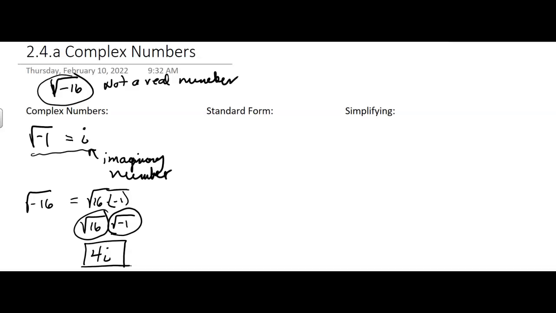Now, complex numbers can be written in a standard form, and the standard form is a plus bi. So a standard form has a real part and an imaginary part. By the way, a and b are both real numbers.